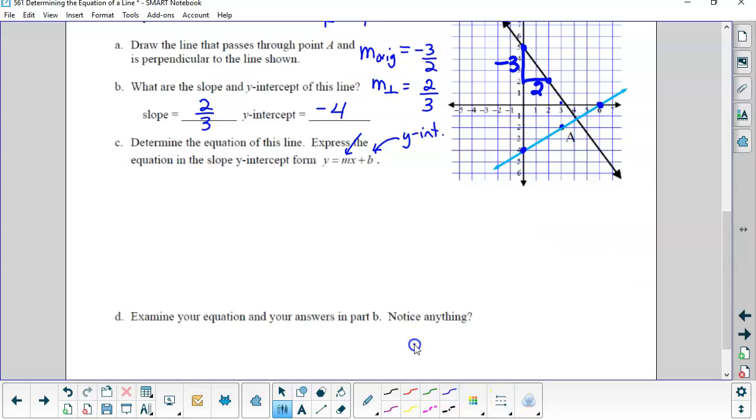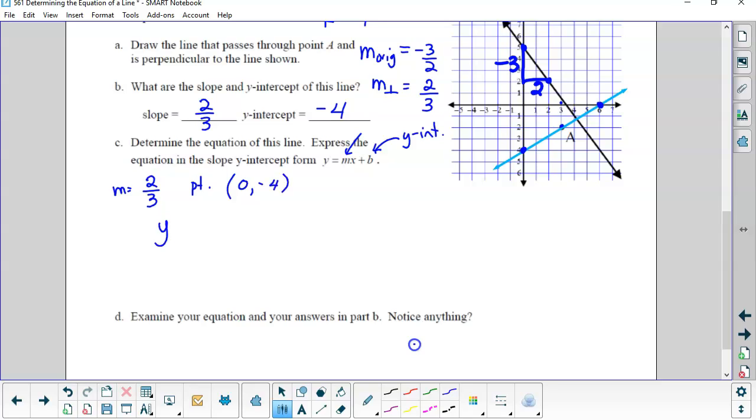So we know the slope of our new line is 2/3, and the y-intercept is negative 4. Again, we're going to end up putting it in this form, so maybe you want to start with point slope form. We'll use the slope of 2/3, and your point for a y-intercept is (0, -4).